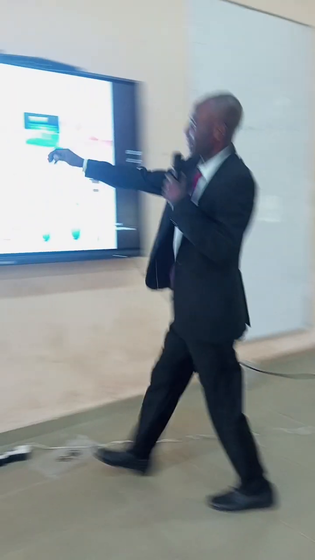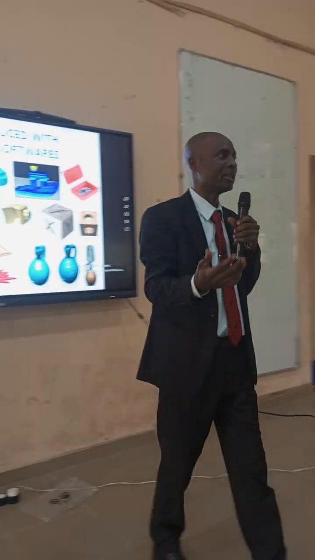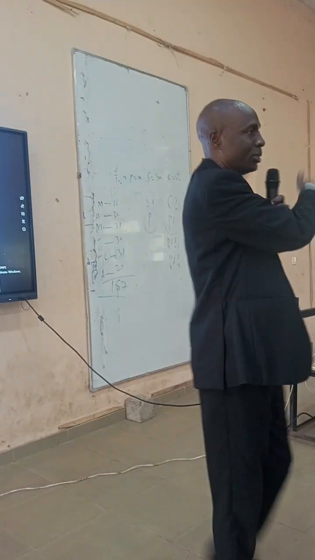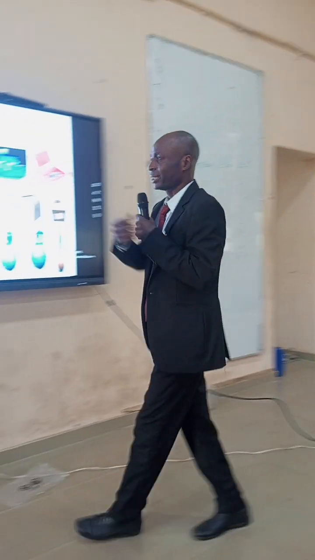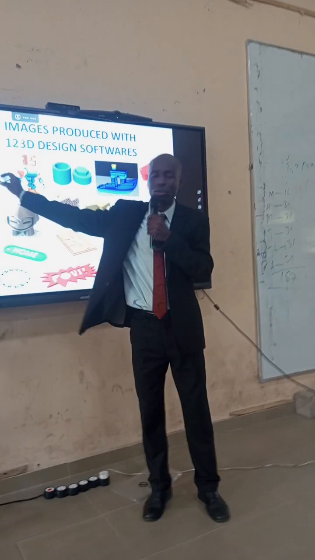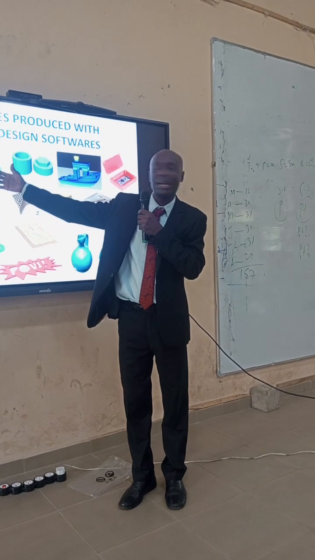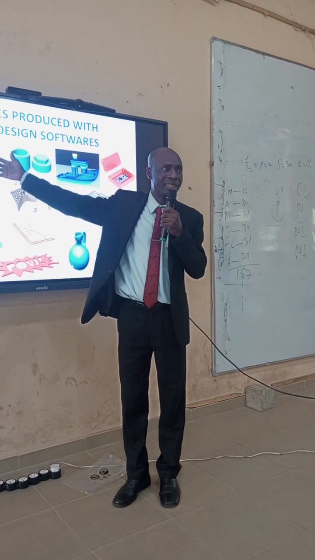So this cuts across all the fields. This is a plane. Maybe you want to simulate the way the plane works. You can use the 3D to design it. And after that, like what the director, Dr. Musa, has said, you can now use other software on it. This is a robot. And this robot looks complicated.